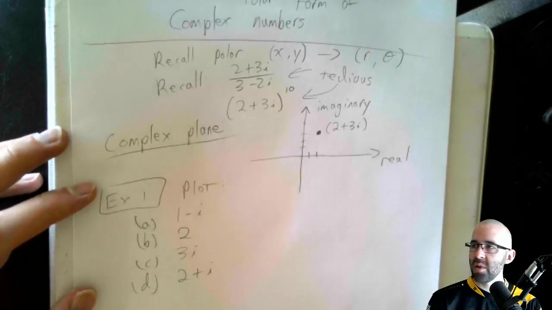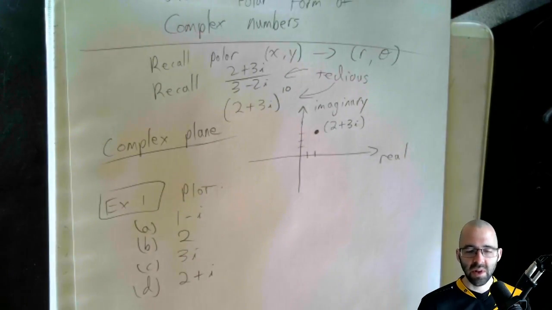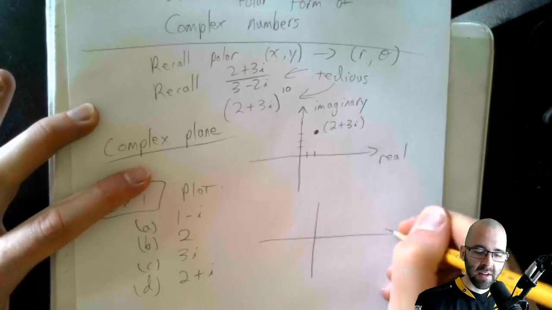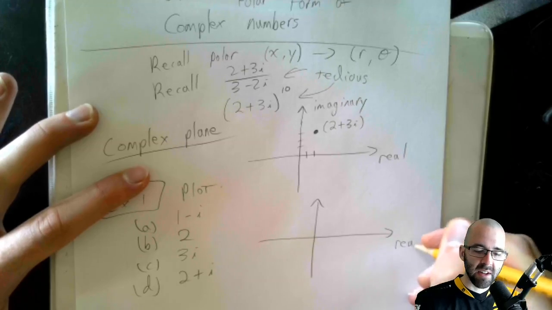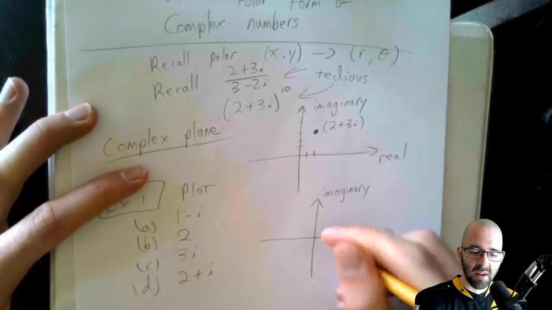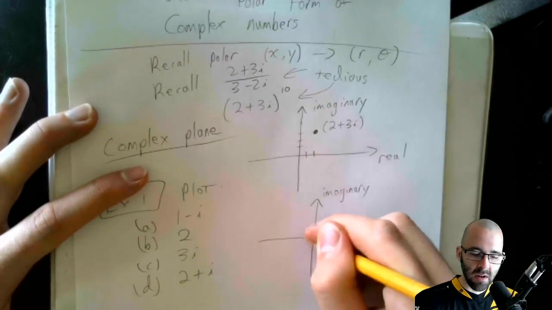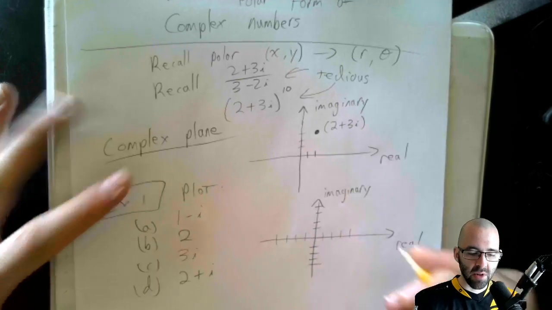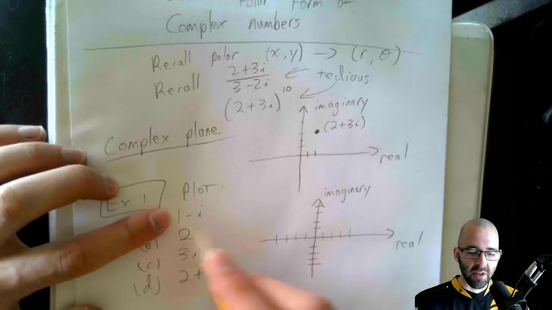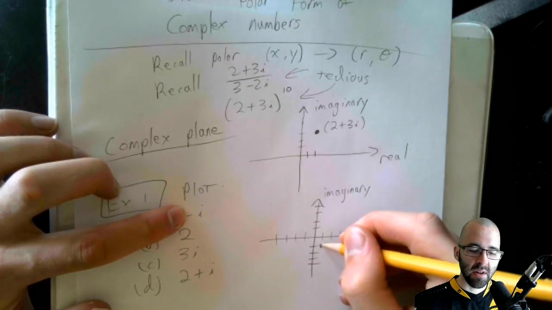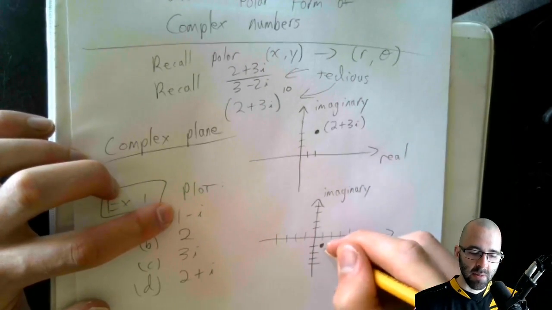To plot all this, you just plot it the same way that we've plotted stuff before. Again, this is our real axis down here, and this is the imaginary axis up here. And all we do is plot it like normal. 1 minus i: the real part is 1, the imaginary part is minus 1. That's part A.